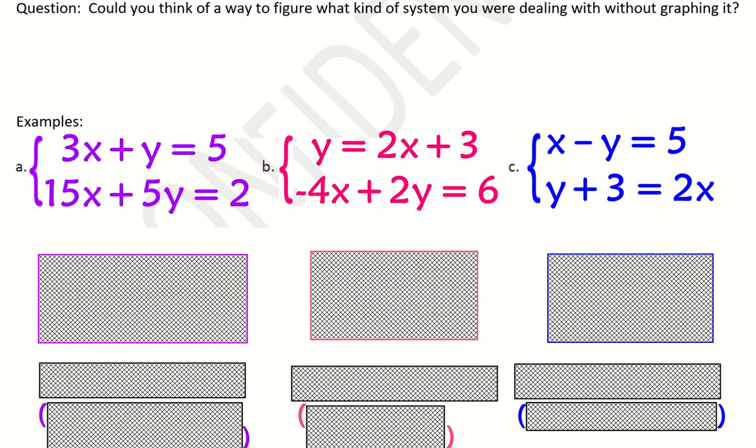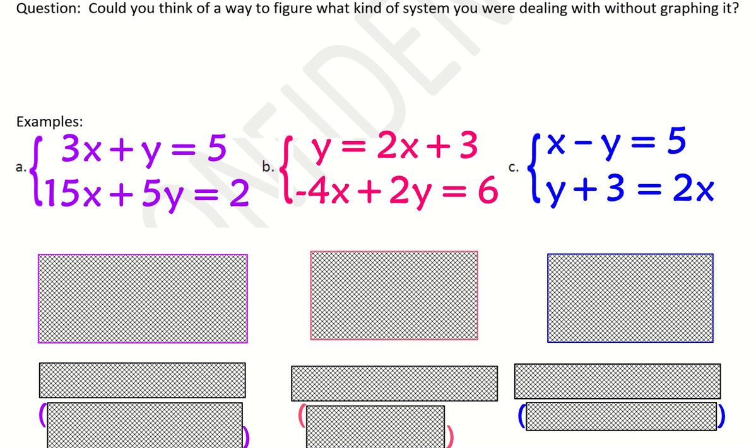And the last bit is going to be questions like this. Could you think of a way to figure out what kind of system you were dealing with without literally graphing it, without having to draw the lines?